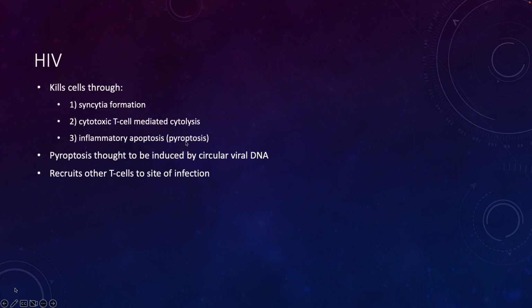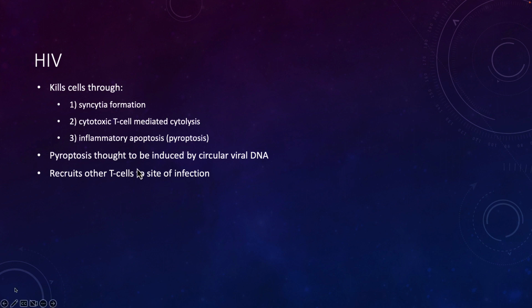Normally when a cell undergoes apoptosis, it will package everything really neatly to try not to cause damage to other cells nearby. But in this case, the cell is basically like, nope, we're having a problem, let's go. And it'll undergo apoptosis really quickly. That can cause some inflammation in the nearby area, which will then recruit other T cells to the site of infection, allowing them to be infected.